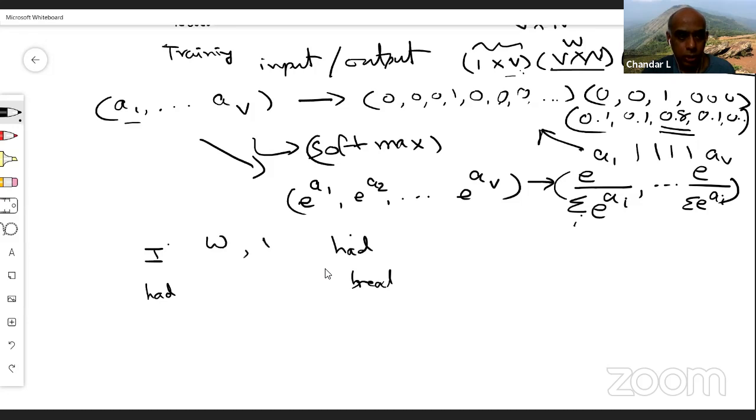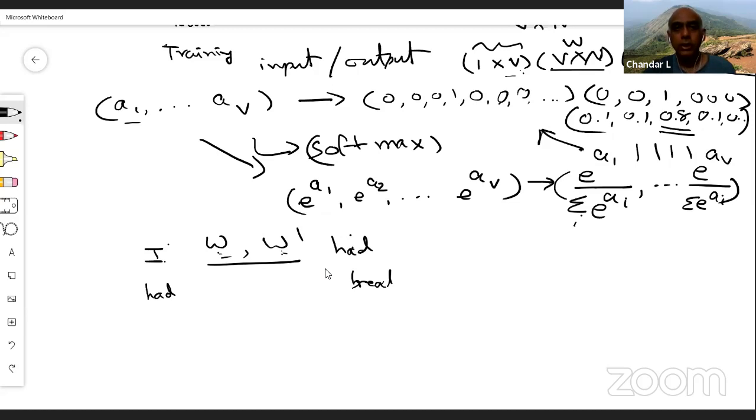So our job is to identify the values of W and W dash which achieve this training. There are standard ways to do it. We can use Keras or any other approach, but essentially it is the training of a neural network using the standard method of gradient descent, because we have an input and an output, and our goal is to figure out what the W and W dash are.